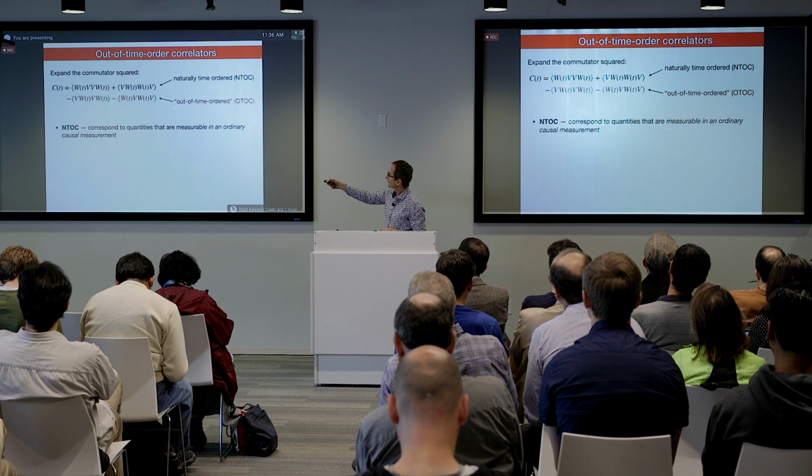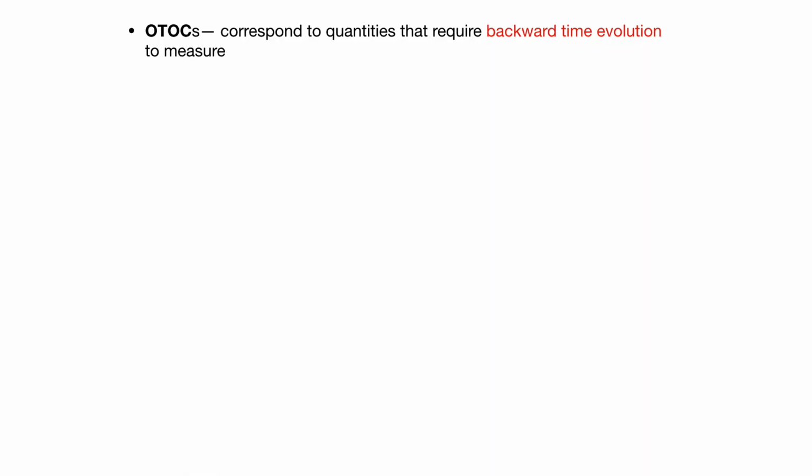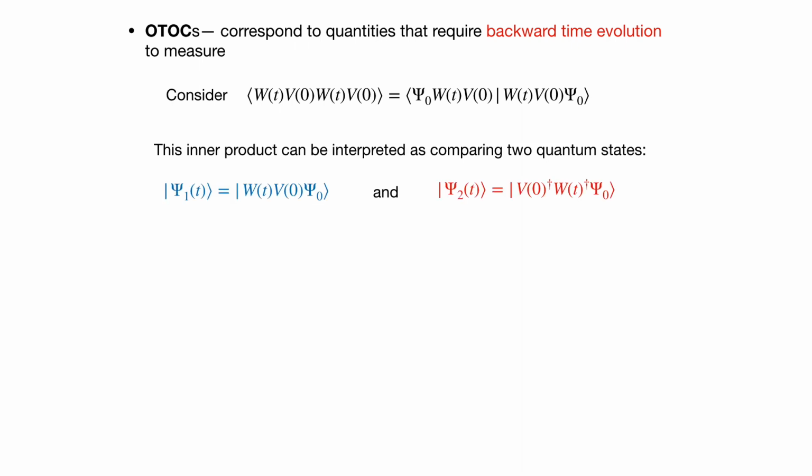But the second line, and this is actually where the chaotic behavior is manifested, are the so-called out-of-time-order correlators, and these do not correspond to sensible measurements. I don't have really time to go through this in detail, but basically if you look at the structure of these correlators, the ordering of time arguments 0, t, 0, t, you find that to interpret this, you basically have to sometime during the measurement run your system backward in time.